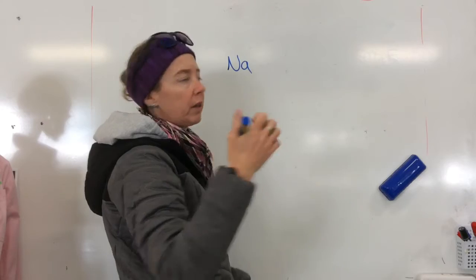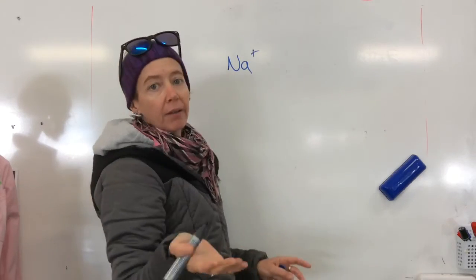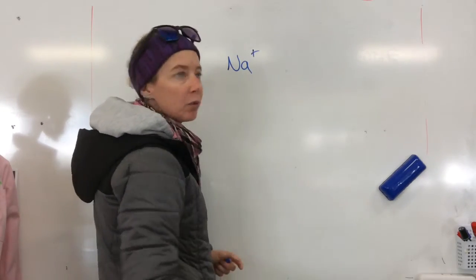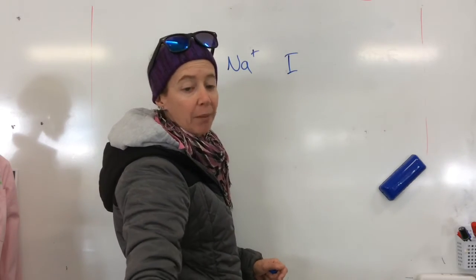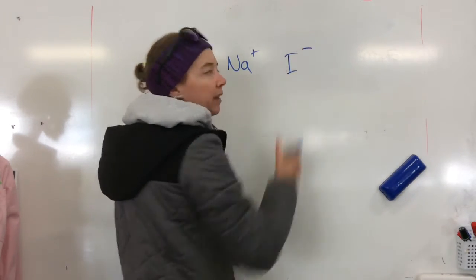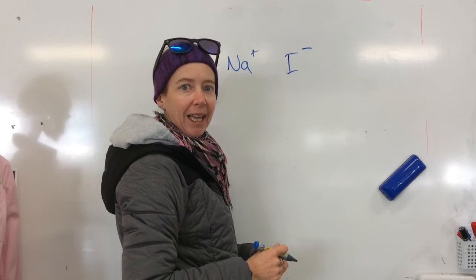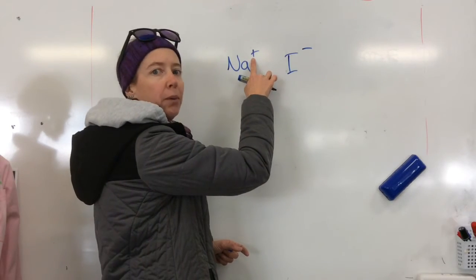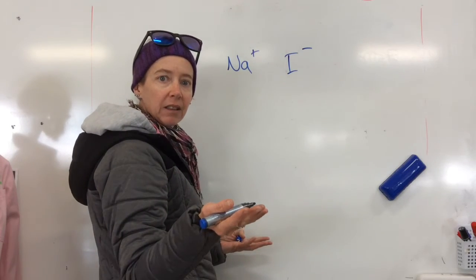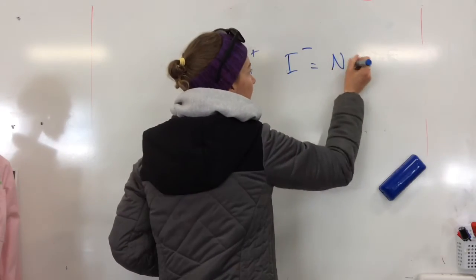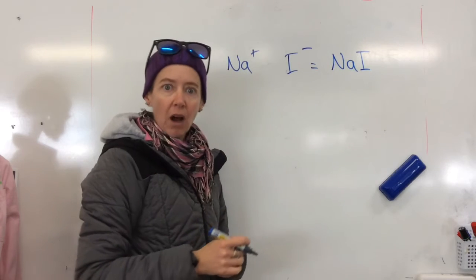So it's going to want to lose an electron. That's another way to think about it. Or you can just look on the table. And iodide's a bit bigger. So just look on your table. It's going to be I negative. Hey, look at that. 1 positive, 1 negative. Are they already balanced? Yeah. So we have sodium iodide.